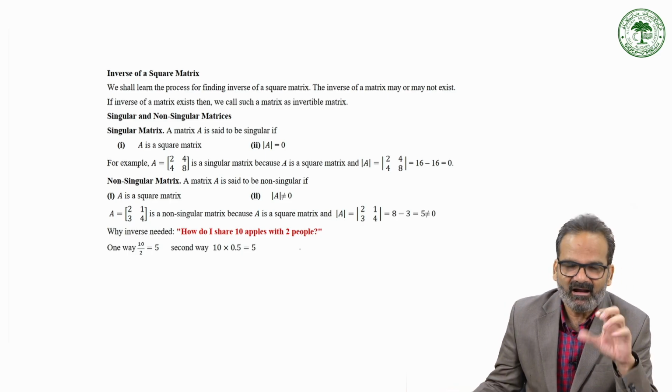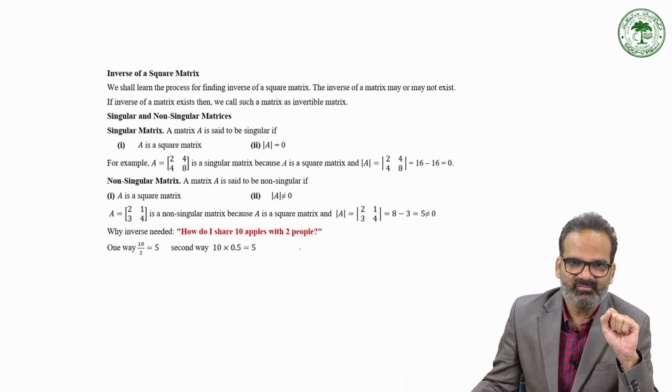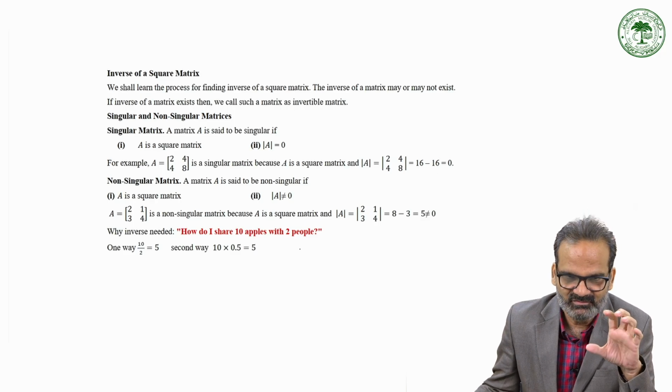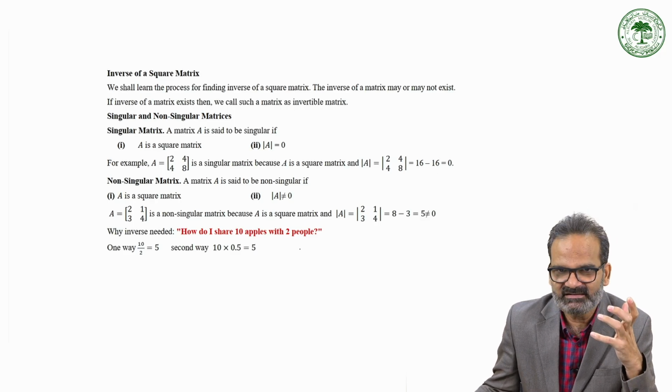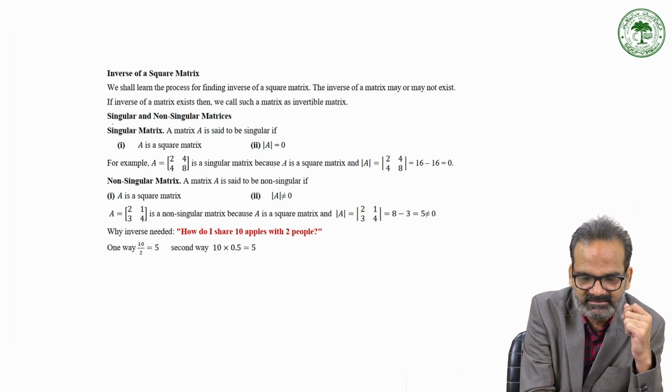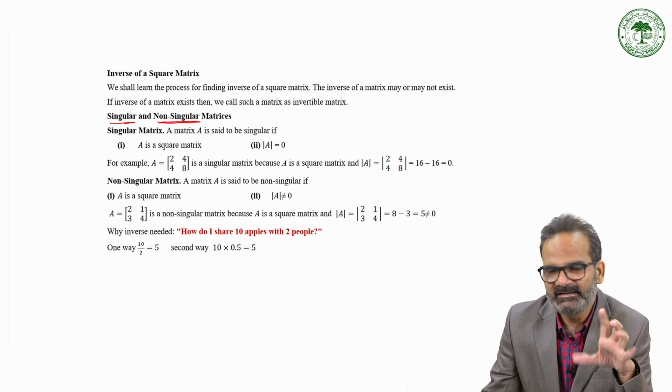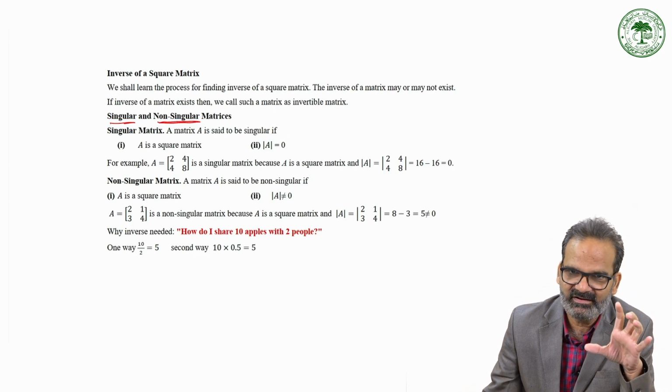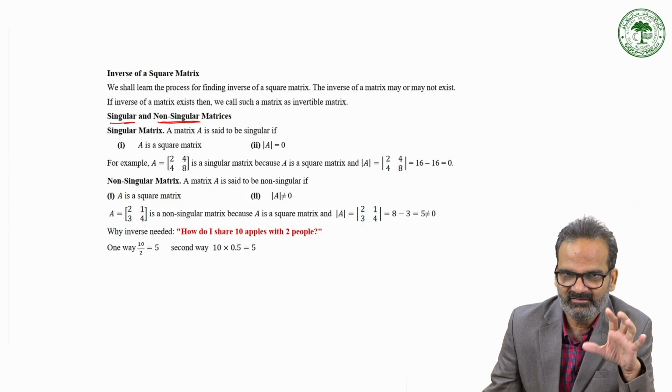Before starting the formal definition of the inverse of a matrix, we should define two new matrices first. These matrices are known as singular and non-singular matrices, because these two will play a very prominent role in finding the inverse of a given matrix.